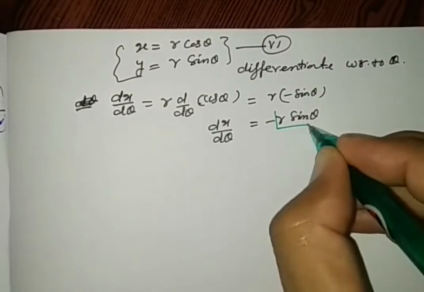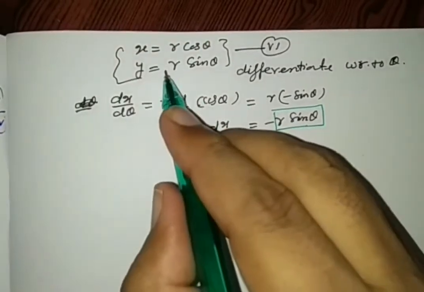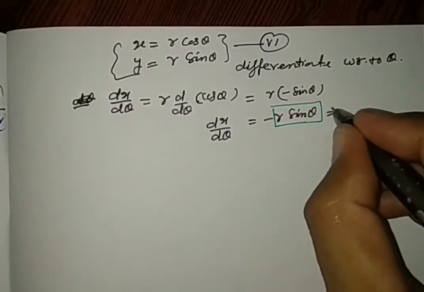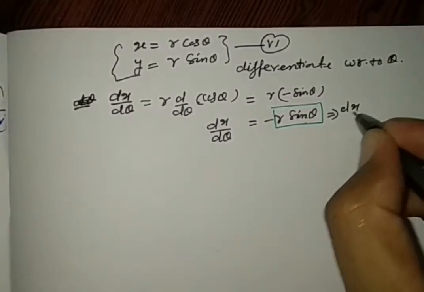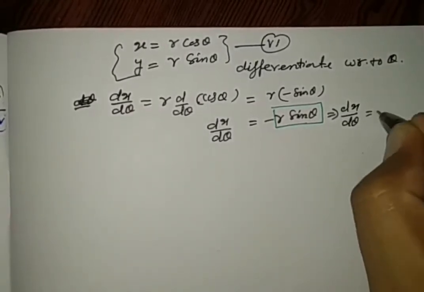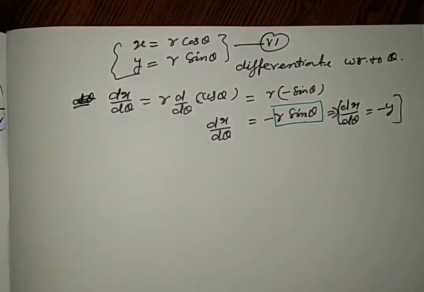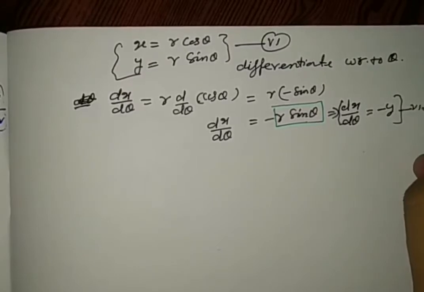Since here in the green box r sin theta is y, it can be written as dx by d theta is equal to minus y. This is equation number 7.